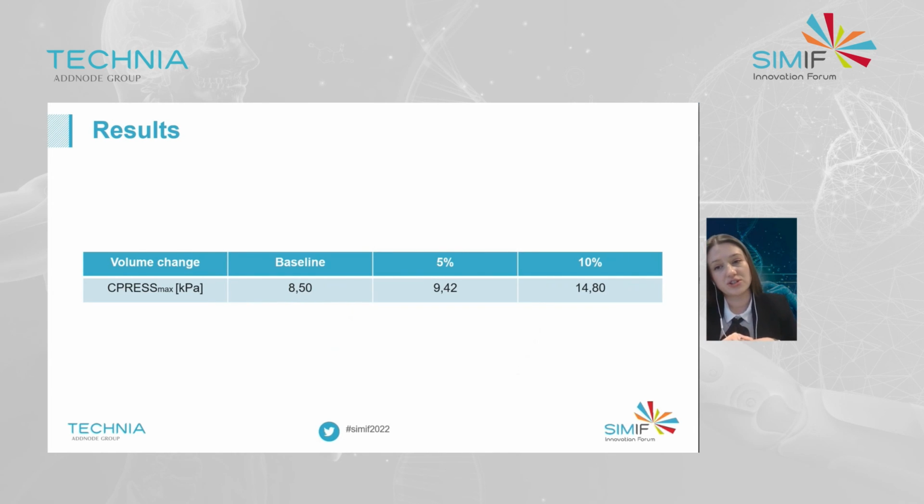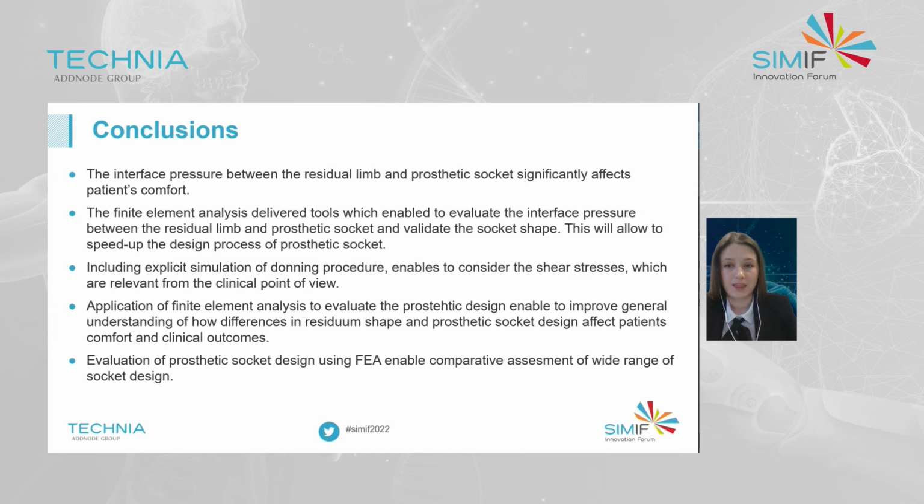The observed changes have a significant impact not only on the area of maximum contact pressure, but also on the obtained value. An increase of 10% in the volume of the residuum results in an increase in the maximum contact pressure equal to 80%. So to conclude, let me sum up my main points.